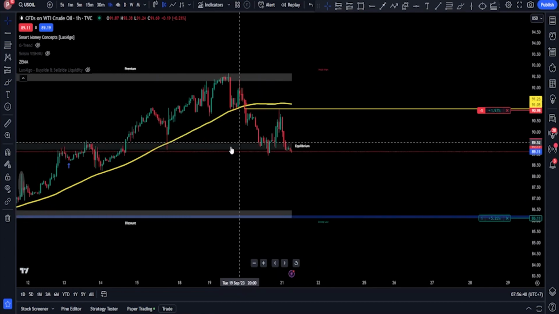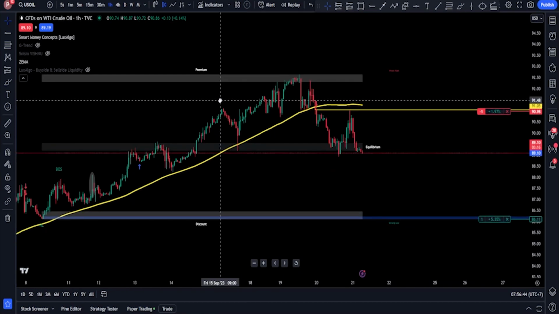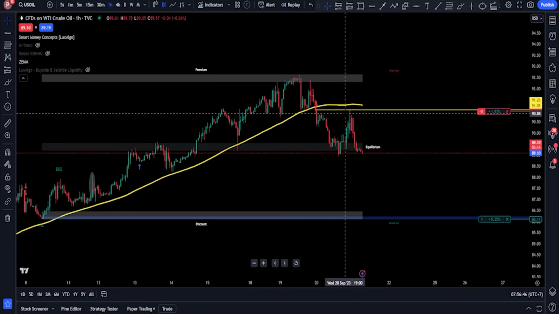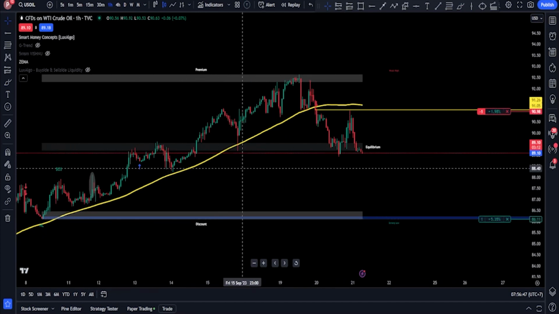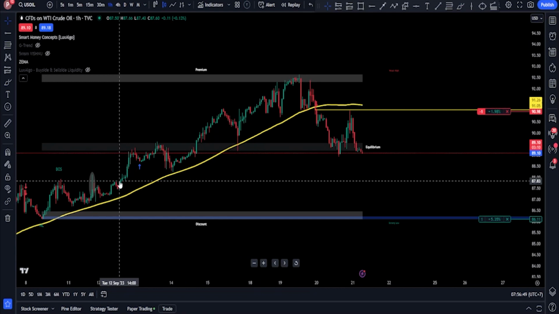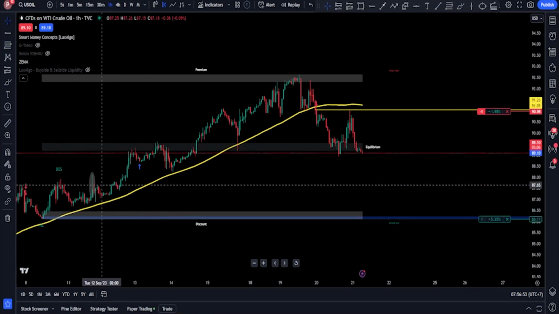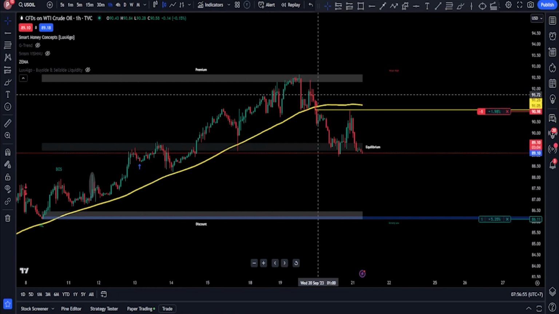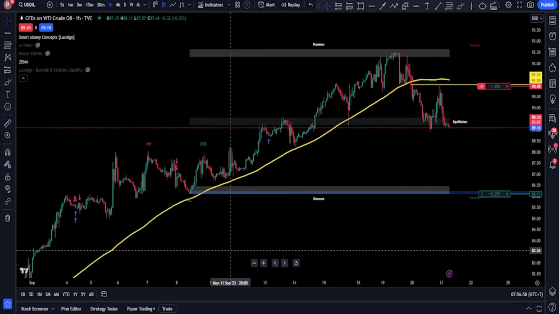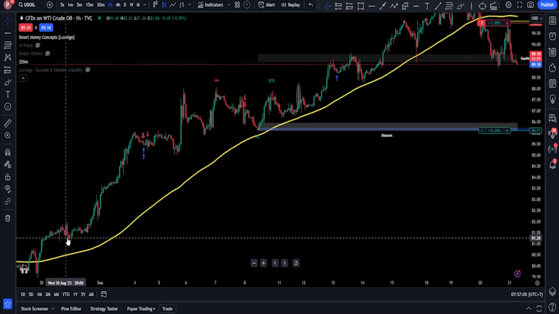What the zero lag exponential moving average does is it plots this yellow line for the length of 200 candles and its average closing cost. I know that might be a little bit difficult to comprehend.